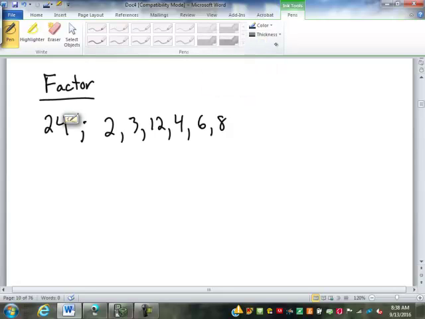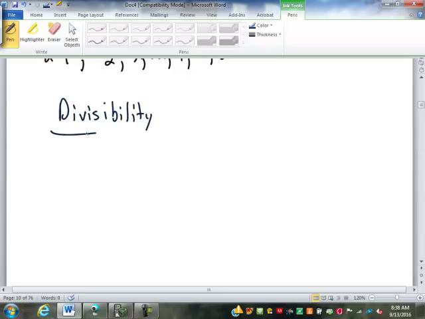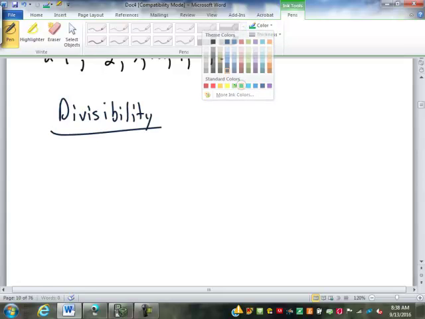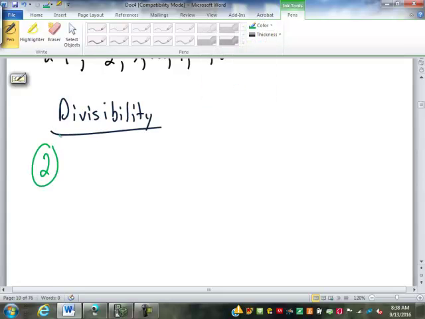If I want to find factors, the first thing I need to be able to do is to find numbers that are divisible by others. So let's take a look at divisibility here quick. How can I look at a number and tell whether it's divisible by 2?